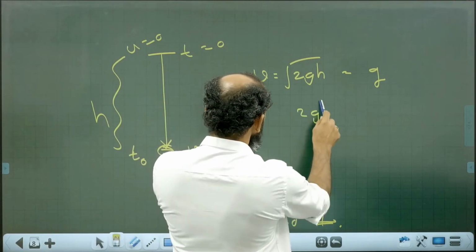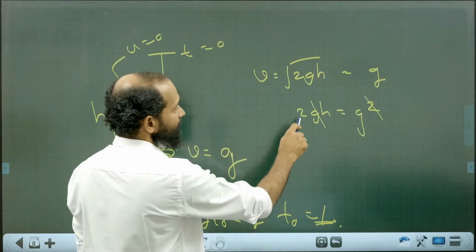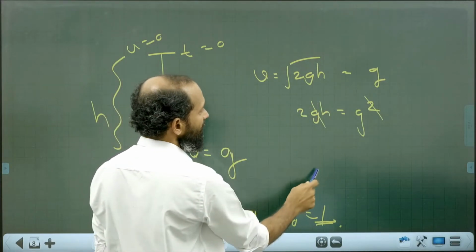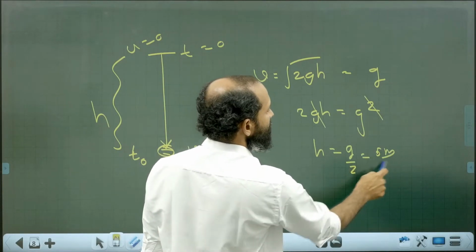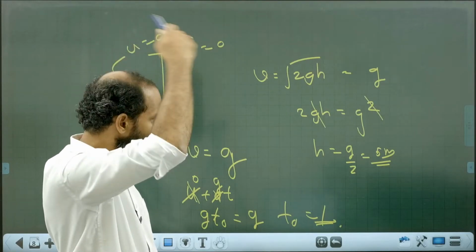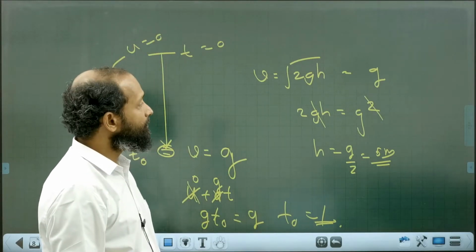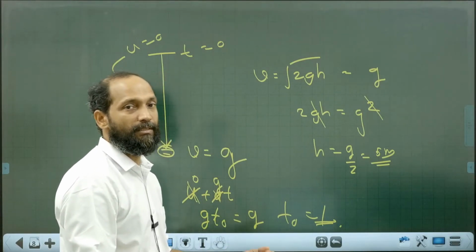That is 2gh is equal to g square. On squaring, the root is removed. Then one g cancels. h is equal to g by 2, that is 5 meter, if g is taken as 10 meter per second square. Then after traveling 5 meter distance, velocity becomes equal to acceleration. After 1 second time, velocity becomes equal to acceleration.